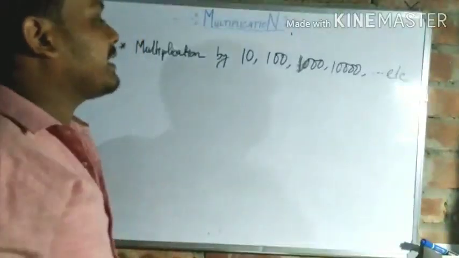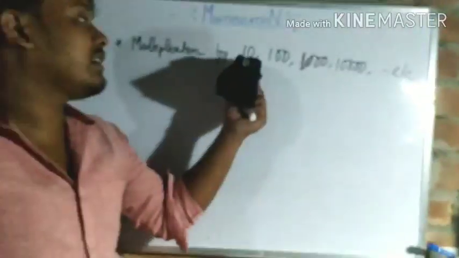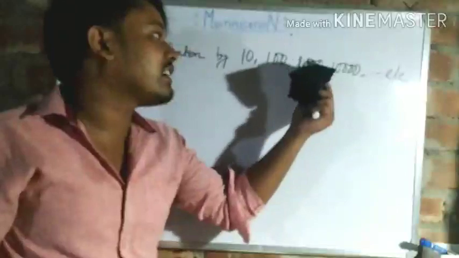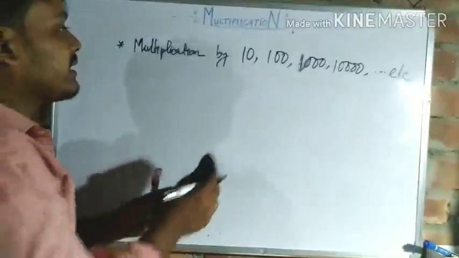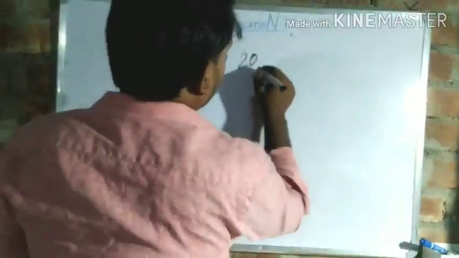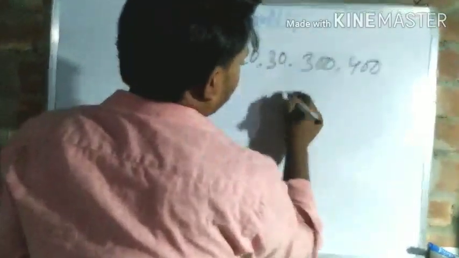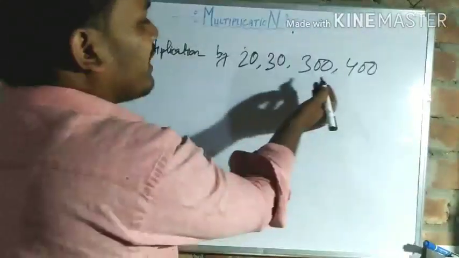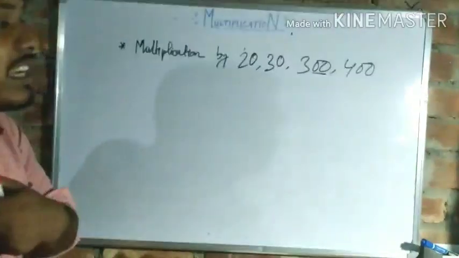Now multiplication by multiples of 10, 100, 1000. That means multiplying by 20, 30, 300, 400. That means when 1 or 2 zeros are there at the last.